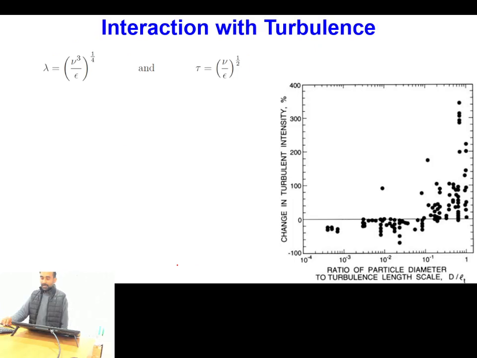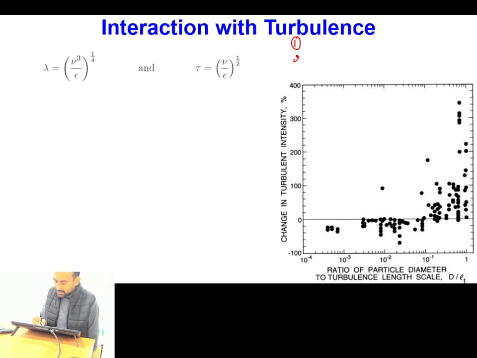Now let us talk about interaction of particles with turbulence. Okay. So typically what will happen when you have a continuous fluid flowing, and in that fluid you add particles? These particles may try to either enhance the turbulence or decrease the turbulence. Okay.